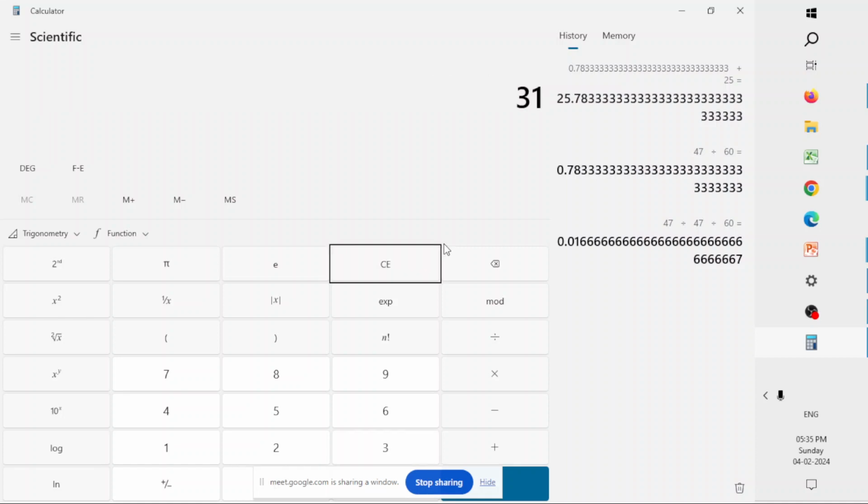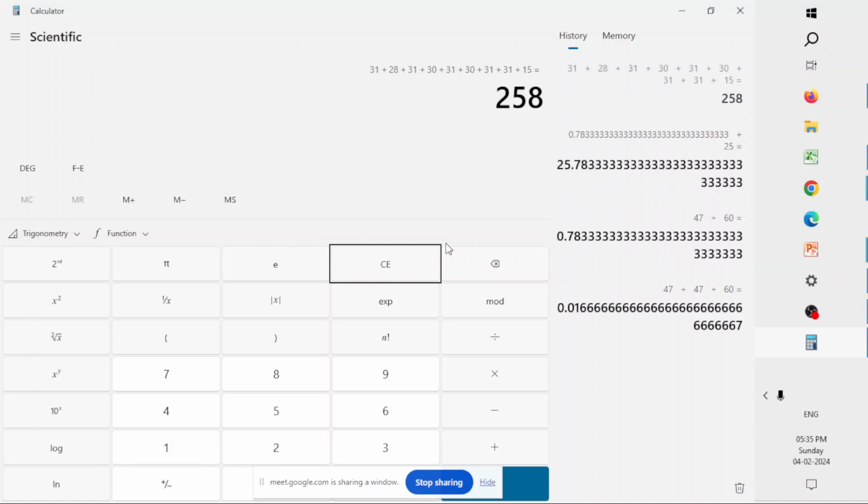So September 15th: January has 31, February 28, March 31, April is 30, May is again 31, June is 30, July is 31, August is 31, plus 15, that is 258, that is September 15th. And then your declination angle: so 284 plus 258.